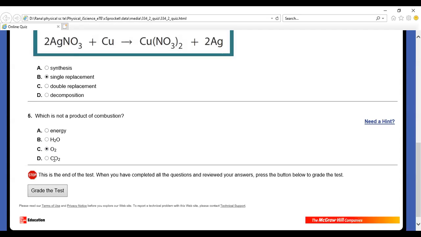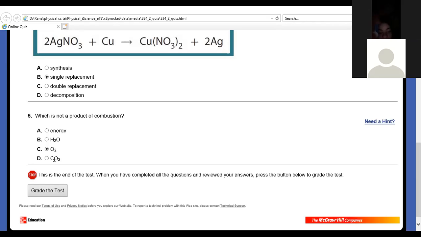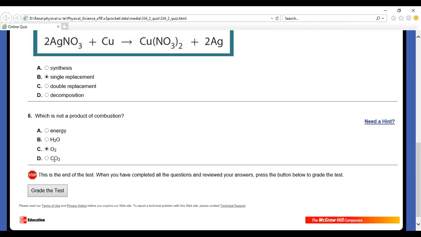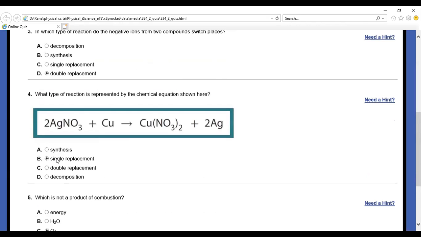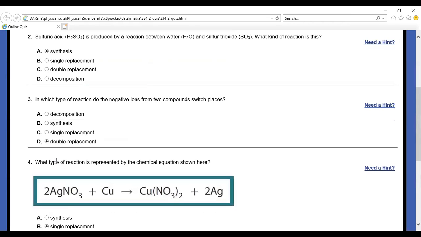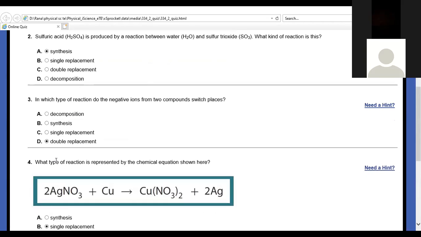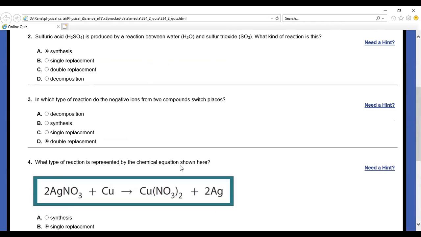Is it clear, Reem? Mister, I have a question. Yes, of course. Can we go back to number 3? Going back to number 3, of course. It said that negative ions from two compounds... Let's take an example.